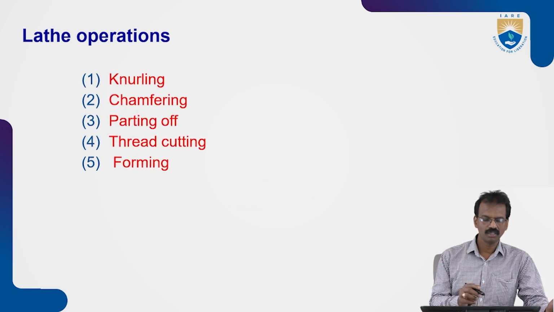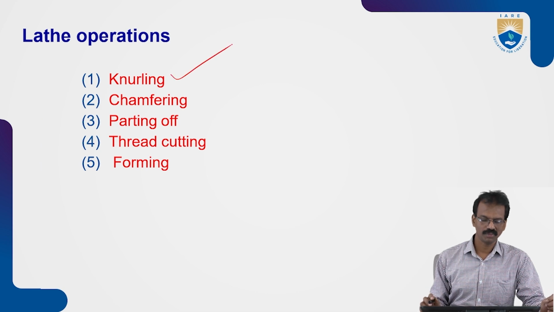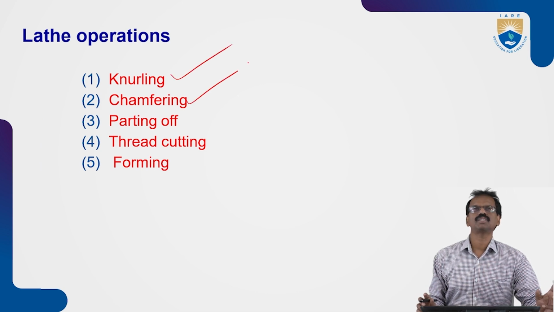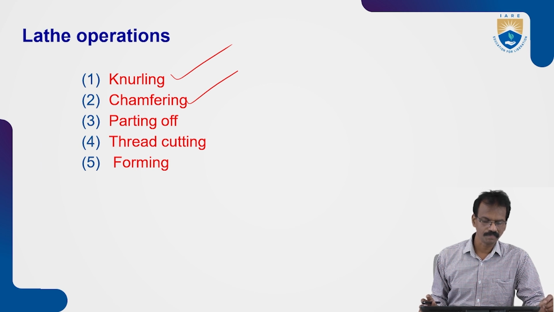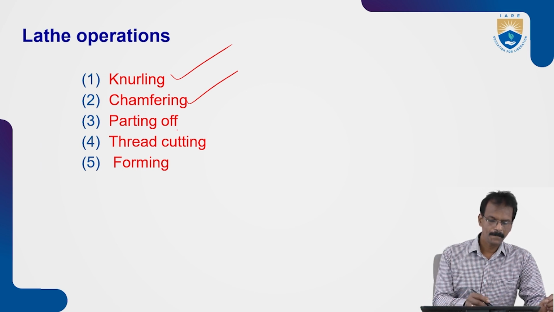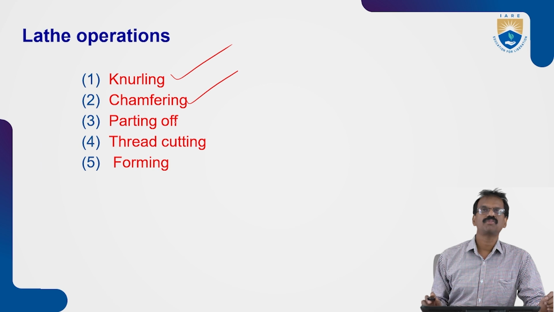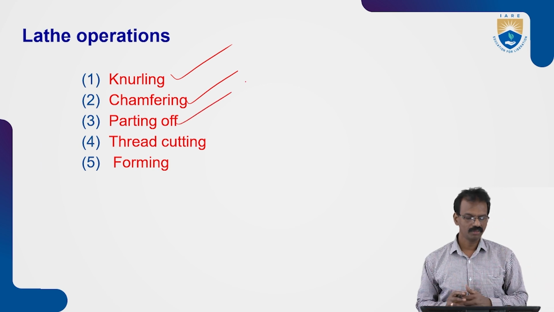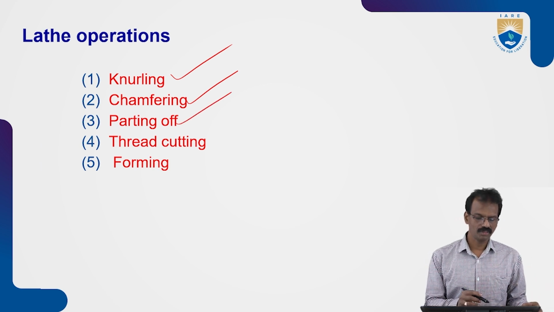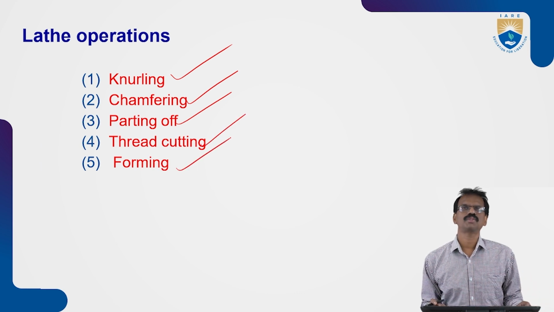Next we'll see knurling, for gripping purpose, and chamfering, for finishing operation, for easy entry of any bolting system. Next, parting, for separation or cutting of any workpieces. Next, thread cutting and forming, where we'll see different types of forming.